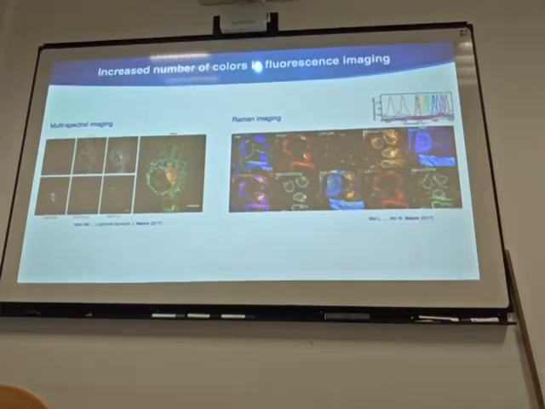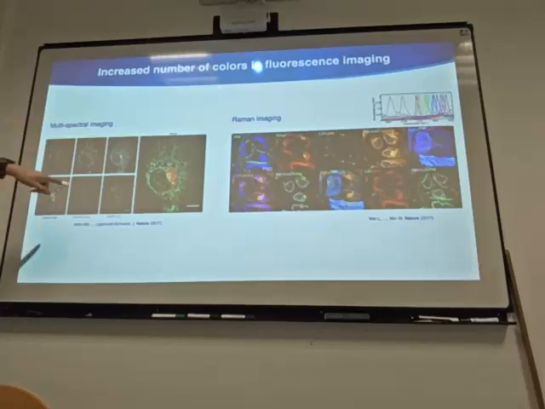Don't ask me a lot of details about Raman imaging because it's quite complicated, but let's say that you can image a lot of different molecules inside a cell. Or here, this is multispectral imaging, where you can divide finely and image up to 6 colors inside the cell.